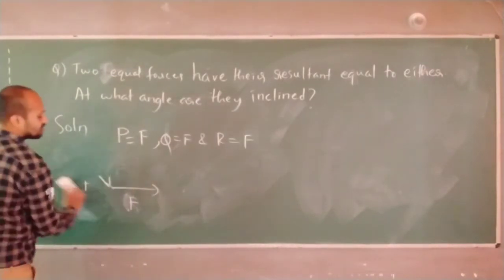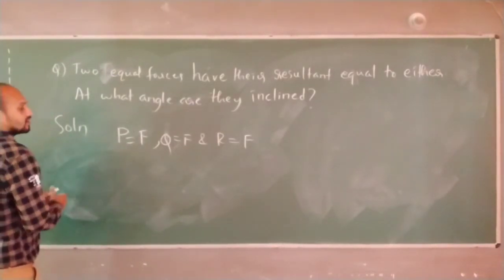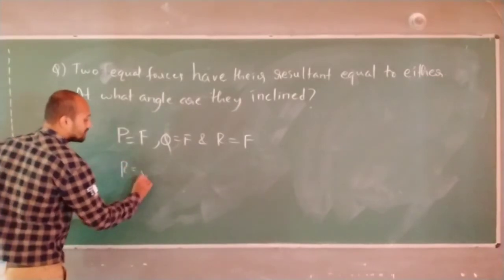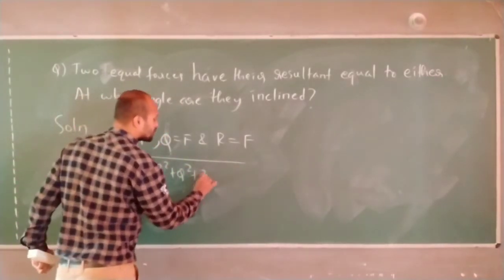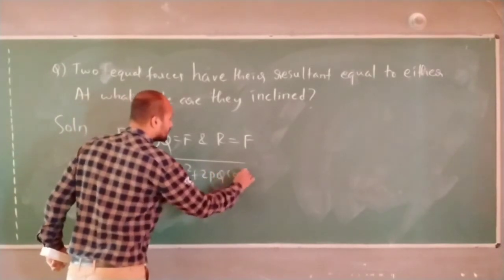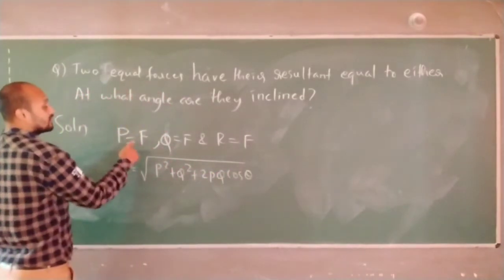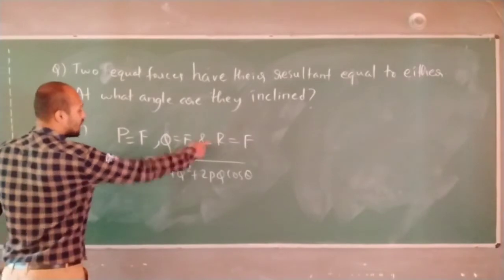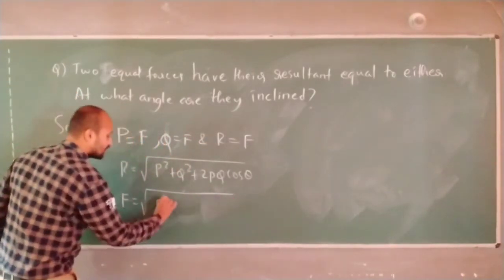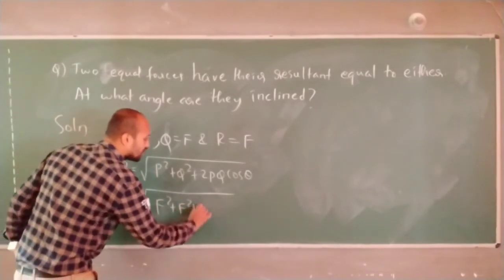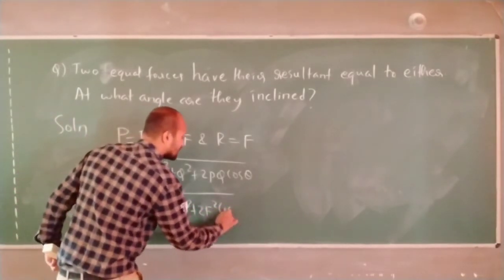Since I know the answer, let us say, see here, R is equal to root of P square plus Q square plus 2PQ cos theta. Here, when P and Q are F, R is also F, that means F is equal to root of F square plus F square plus 2F square cos theta.